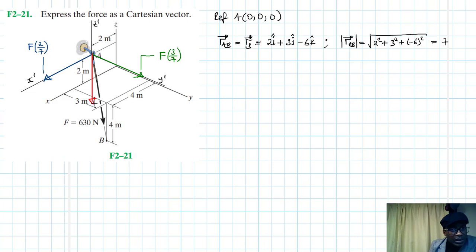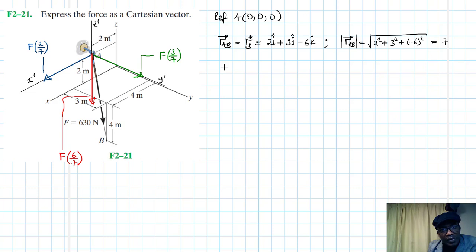Alright, and then we have this one. This one is just equal to F times what is the rise is a 6, right? 2 plus 4 divided by the hypotenuse 7. Alright, so we have everything.